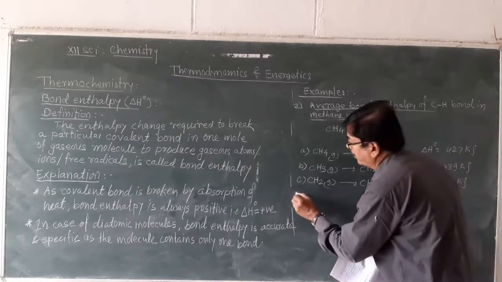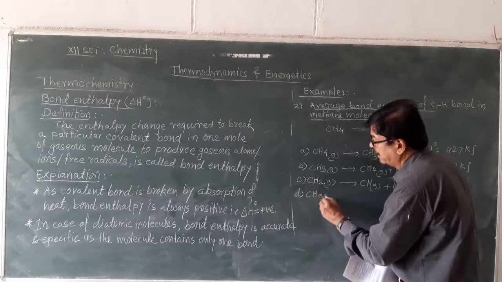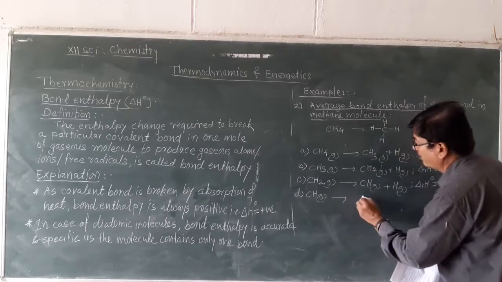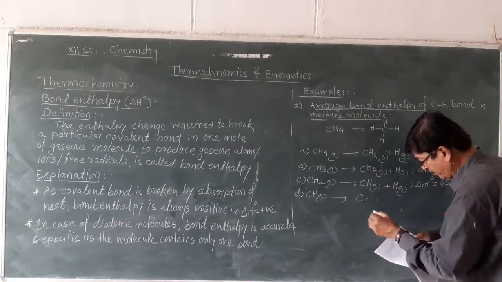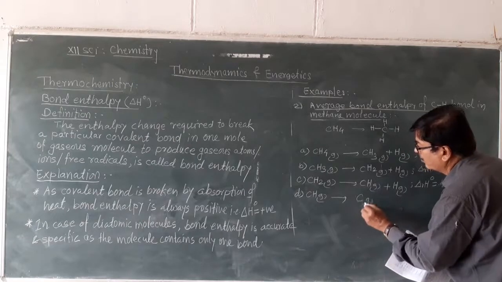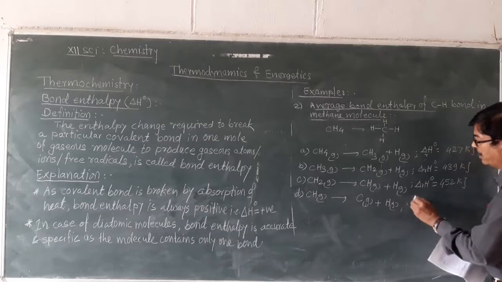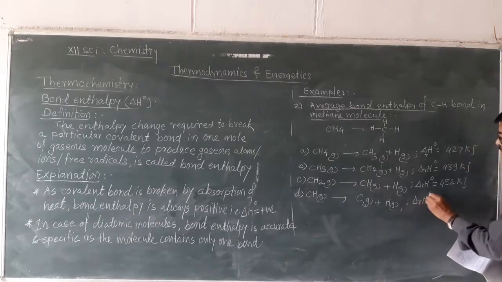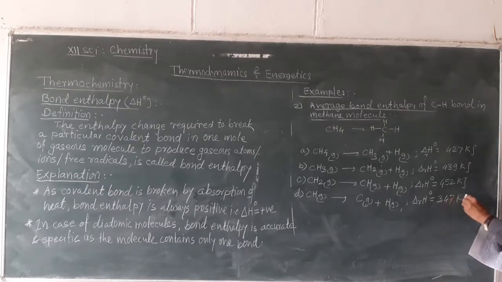And when the last bond from the CH species is broken, we get carbon gas plus H gas, and bond enthalpy of this fourth bond is the lowest, 347 kilojoule.